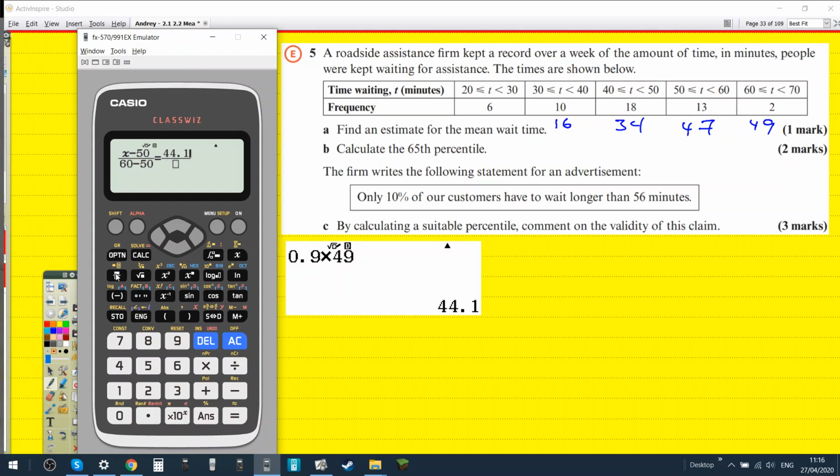So 44.1 minus the frequency up to that point, which was 34, out of those 13 people. Okay, so solve. So we get 57.8.